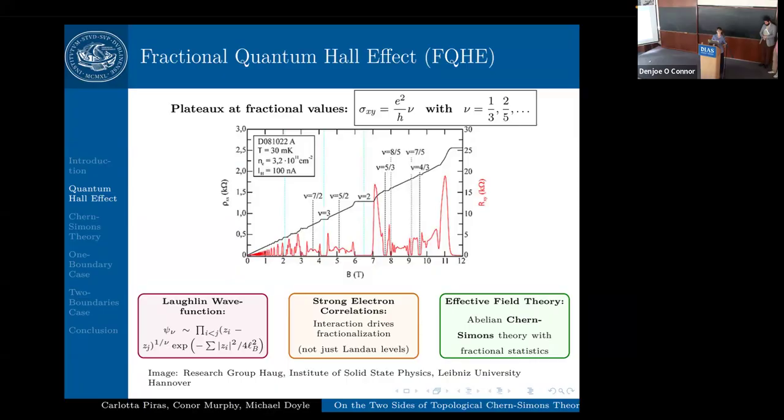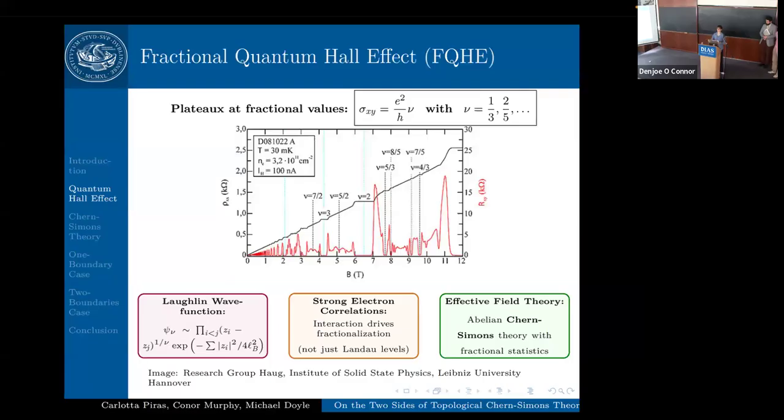So when we turn the magnetic field on, the electrons condense into a new type of quantum fluid with a liquid-like behavior, and this gives rise to quantized Hall resistance. So that's very similar to the case before, the integer quantum Hall effect. But now what is important is that the plateau appears at fractional values of the filling factor nu.